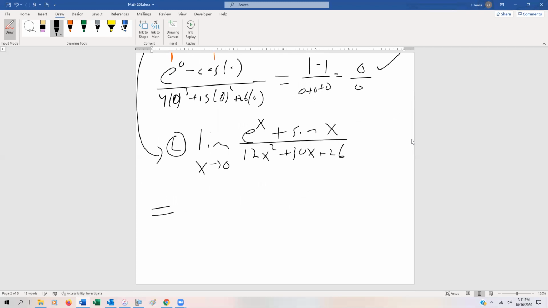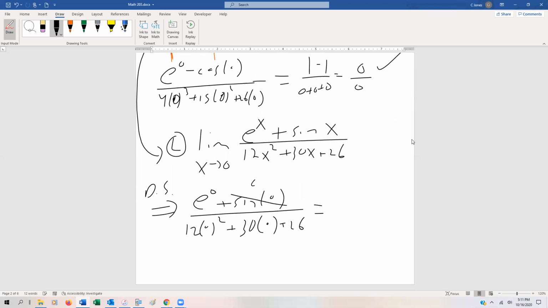So by direct substitution, this becomes e to the 0 plus sine of 0 divided by 12 times 0 squared plus 30 times 0 plus 26. Sine of 0 is 0. E to the 0 is 1. This is 0 and this is 0. So it winds up being 1 over 26.